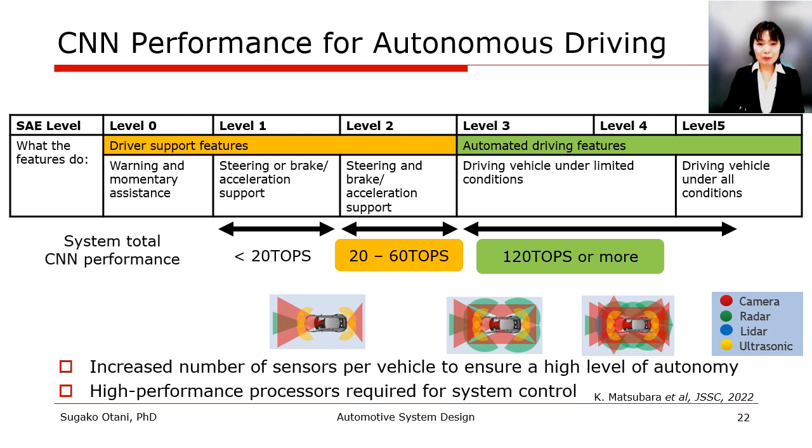In order to output actuation commands from the information from the sensors, it's necessary to process these multiple CNNs in a time frame of about 100 milliseconds. Assuming that the information input from each sensor is processed approximately 30 times per second and there are 20 installed sensors, the entire system would require a CNN processing performance of at least 120 TOPS, tera operations per second.